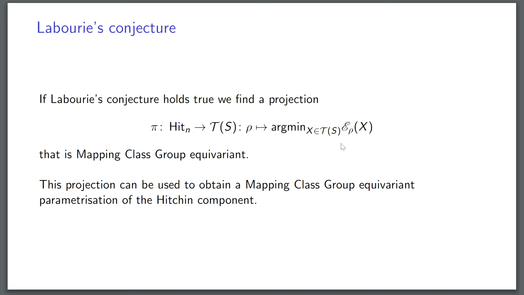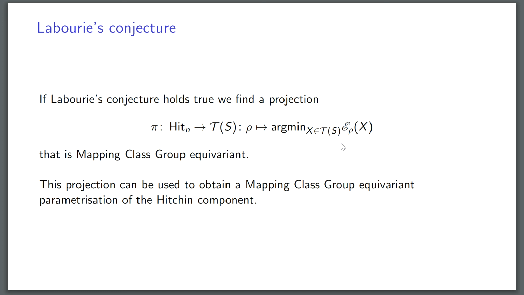So, to summarize, the energy functional is an important tool in studying the Hitchin components because it could help us with constructing mapping class group equivariant parameterizations of the Hitchin component, which at the moment do not really exist.